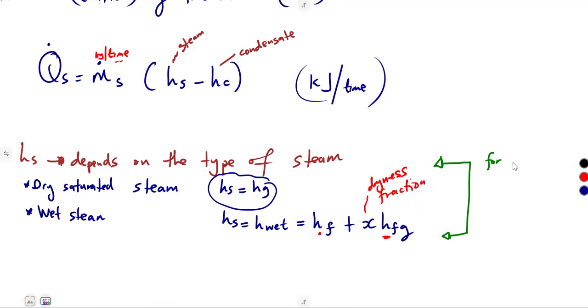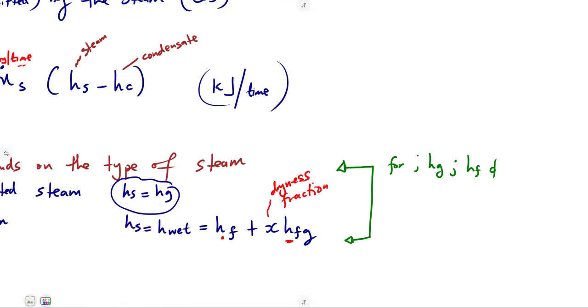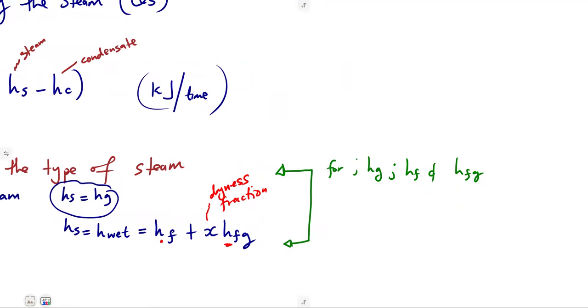So this is what I'm gonna say. Okay, we had HG there. For HG, HF, and also this one, HFG, and HFG, use what? Steam tables. So that's where we're gonna use our steam tables at the given temperature, which is steam temperature.